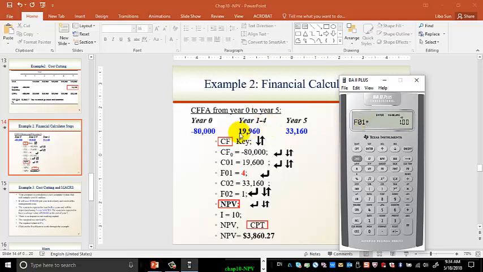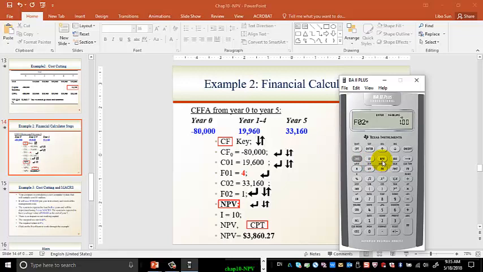As we have 4 years of the same amount, I'm going to change the frequency to 4, enter. The next one says cash flow 02, but it's just saying what's the next cash flow following the previous one. So we're going to enter year 5's cash flow, enter. This only occurs one time. That's it. So we've done the cash flow preparations.